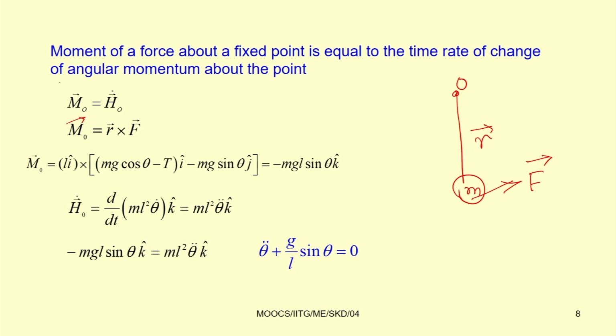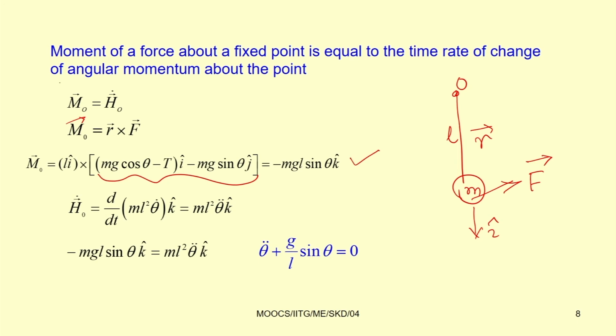The length is L, along the direction i, so r equals L i. F equals mg cos theta minus T i minus mg sin theta j. Now i cross i equals 0 and i cross j gives k, so we get the moment of the force M0 equal to minus mgL sin theta k.